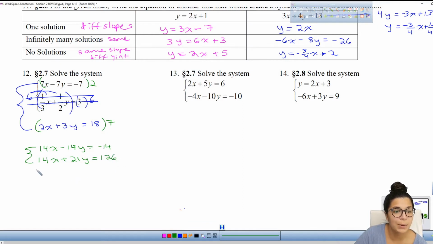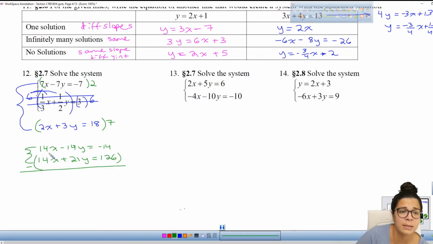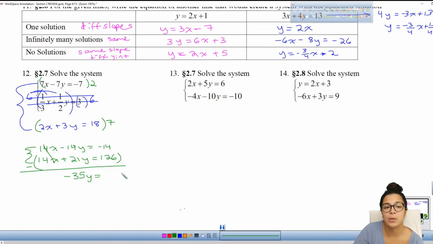Okay, so now we can go ahead and subtract these two equations, because I want to eliminate 14x. And remember, you do need to distribute the negative, so negative 14 minus 21 would be negative 35y, and negative 14 minus 126 would be negative 140.